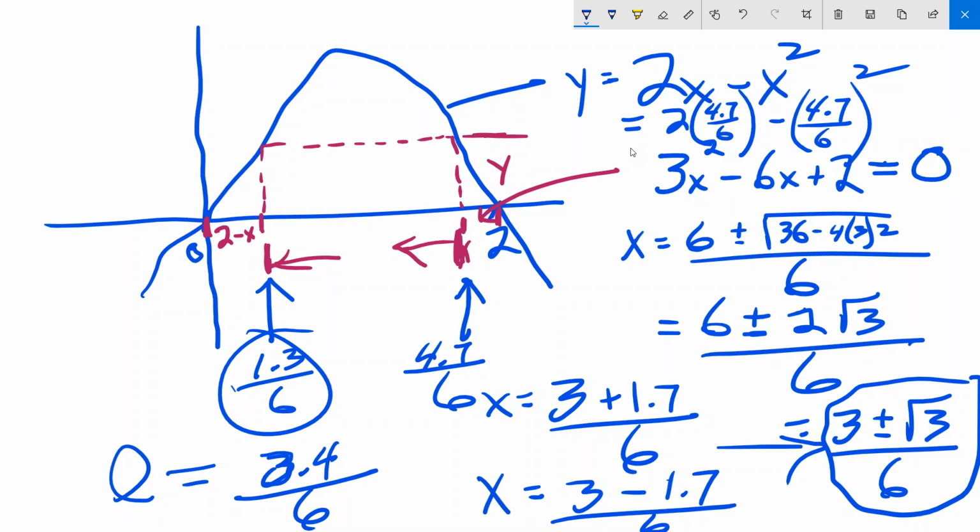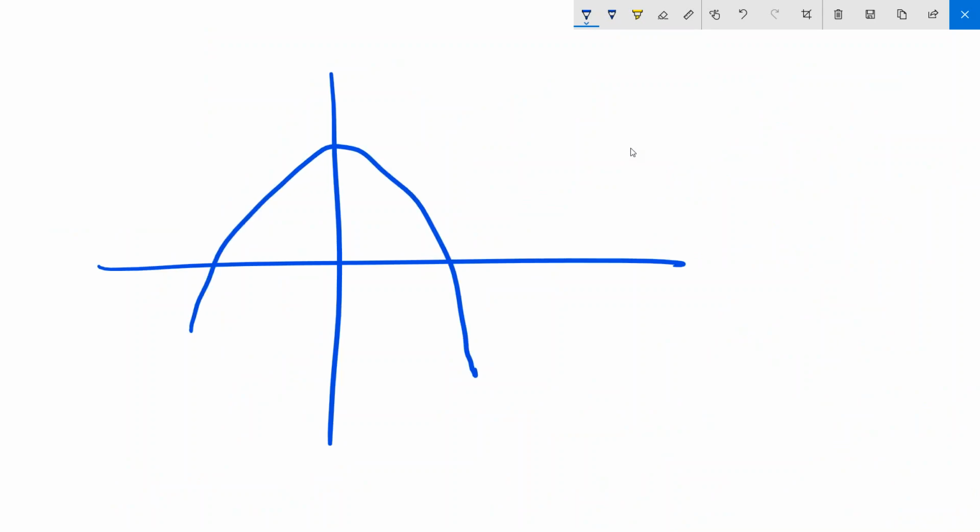Not altogether that different than the original one, which is this one. We did the same thing here. It's just that that point was x. This point has to be negative x, so we immediately knew that the length of the rectangle was 2x.